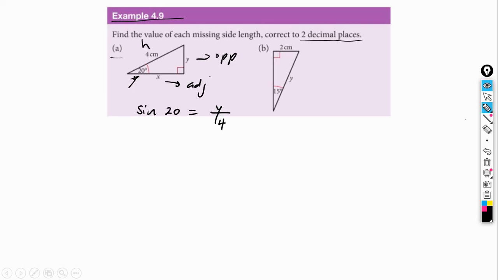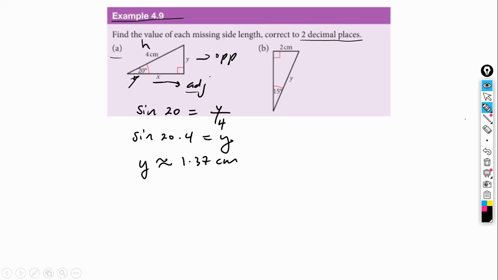So with this simple equation, we can solve for y. Notice that y is going to equal sine of 20 times 4, right? That's going to equal y. So all we have to do is plug that into the calculator, and we're going to get that y is approximately 1.37 centimeters.